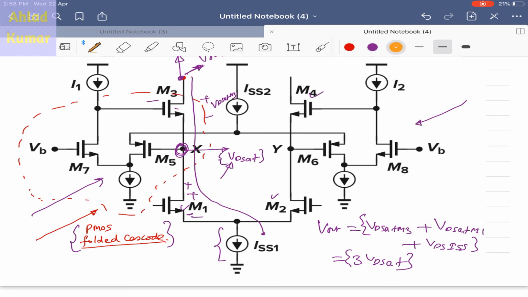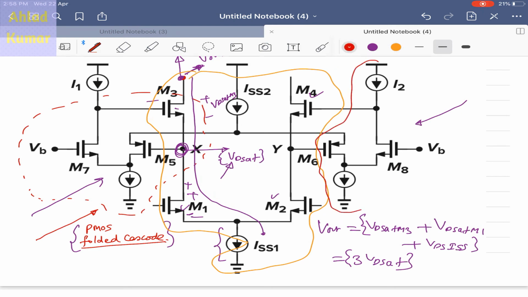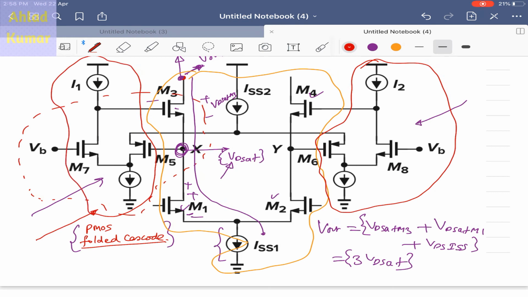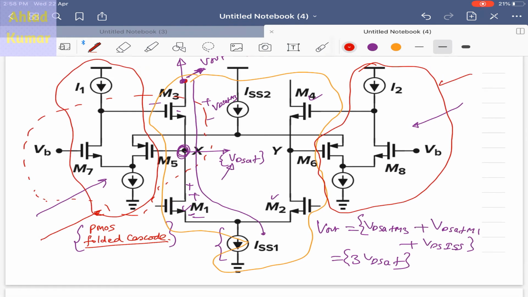So this is the main amplifier, whereas we are using this part of the circuit to enhance the gain of this amplifier without adding additional nodes to the circuitry. So what is the advantage of adding these two blocks? The advantage is an increase in the amplification without adding any additional nodes, and hence the stability is still retained.